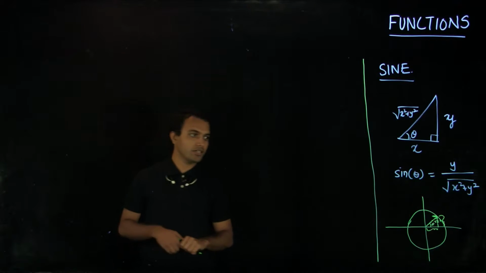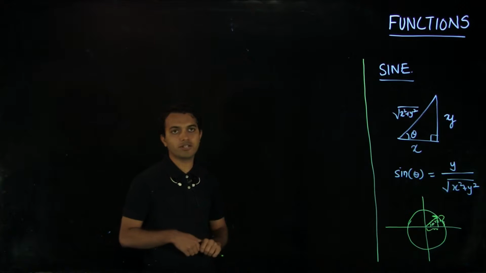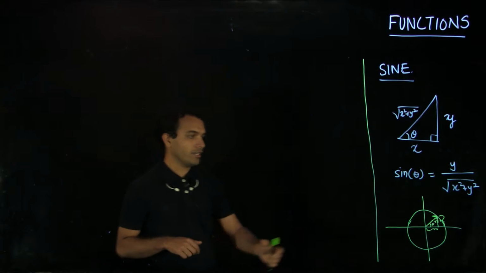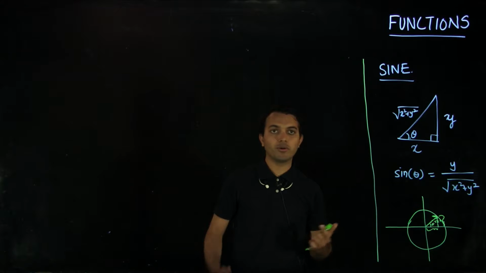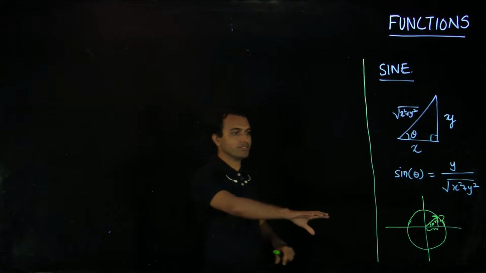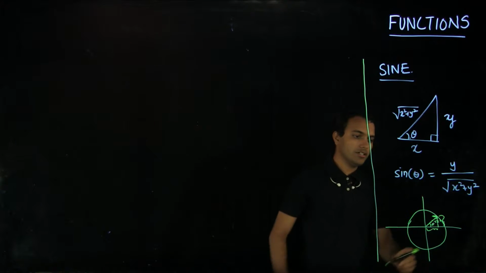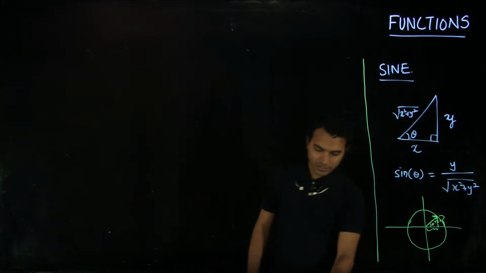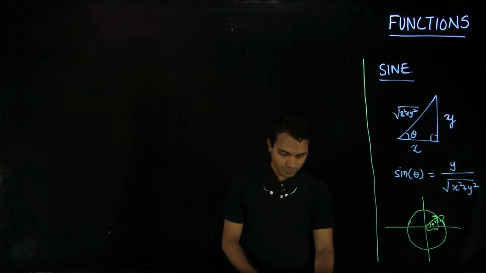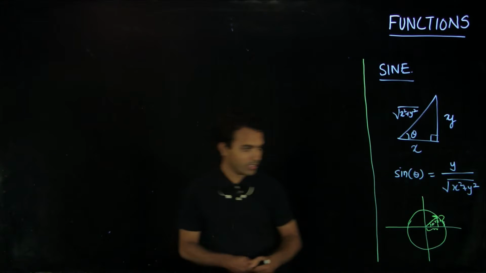So oftentimes you need to know roughly what the value of sine is, and if you don't know it, you can just remember this figure. So let's say if I take a vector which is like this, let me try to use a different color.